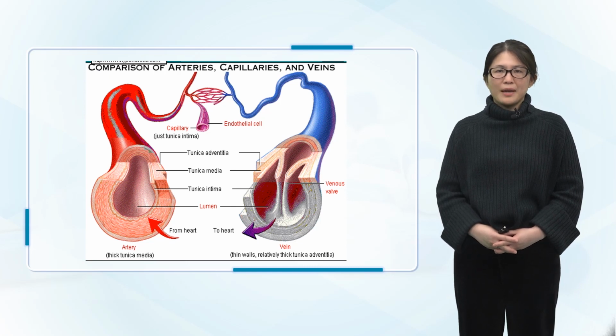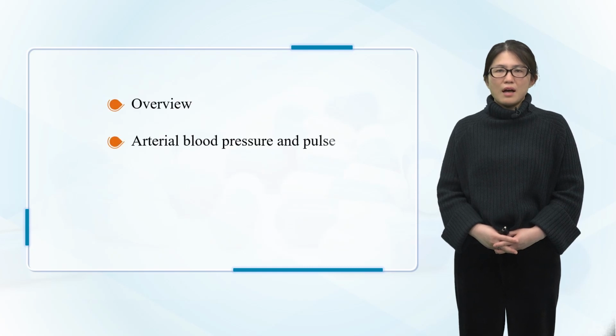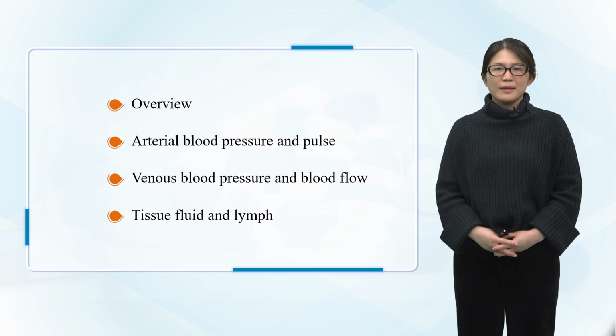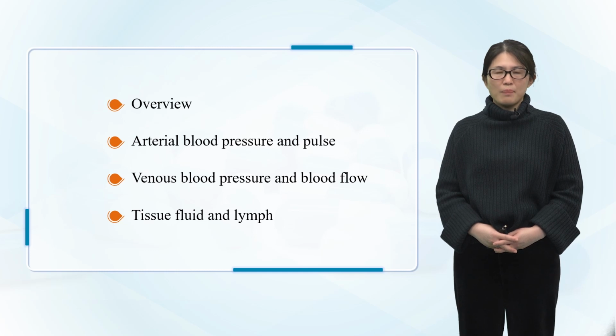The blood volume in the heart cavity only accounts for about 7%, and the blood volume in the pulmonary circulation accounts for about 9%.